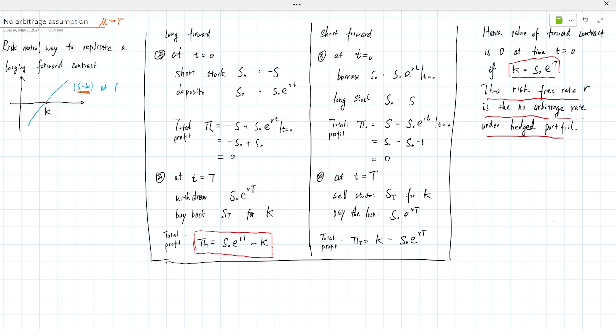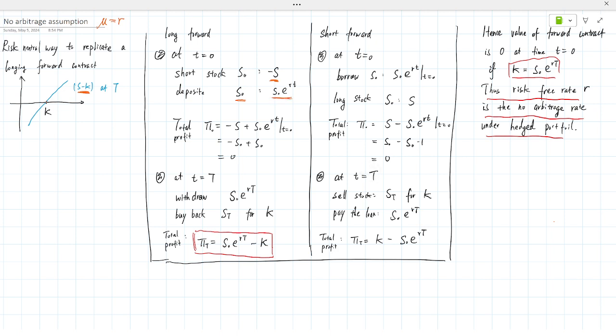If you go long this contract and want to replicate it in a risk-neutral way, at time equals 0, you short the stock, so negative S, and then deposit the money, the S naught, into the bank account.